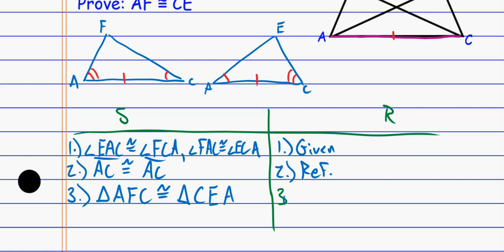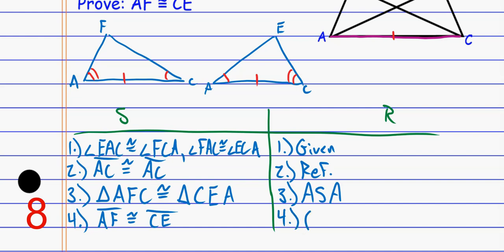And once again, I can say that these are congruent because of angle, side, angle. And now that I have the two triangles congruent, it means their parts have to be congruent. So for this one, AF has to be congruent to CE, and that's because of CPCTC.